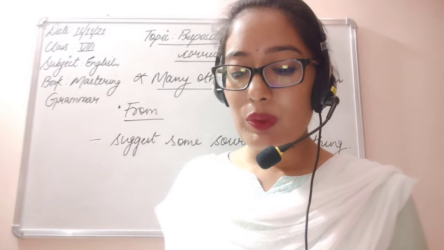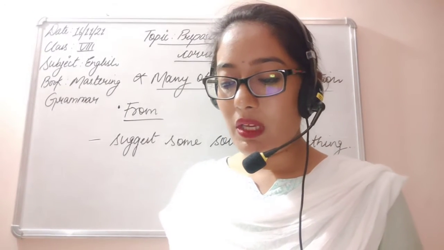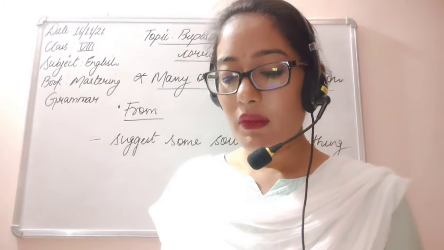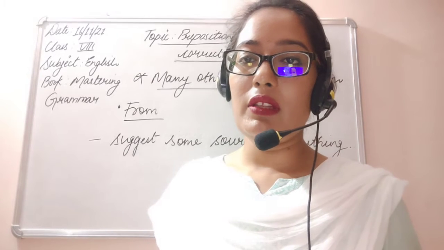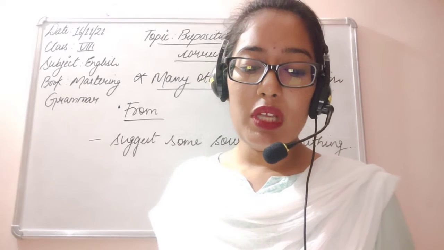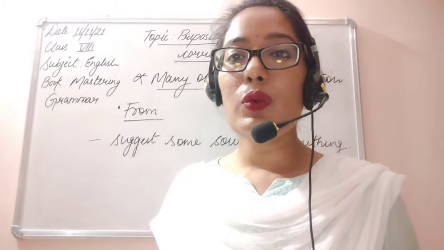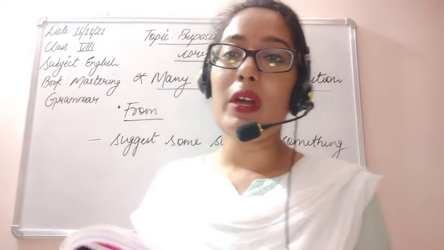On can be used to suggest the idea of resting on something or writing about a topic. I wrote the article on the value of books. You are writing about the value of books.